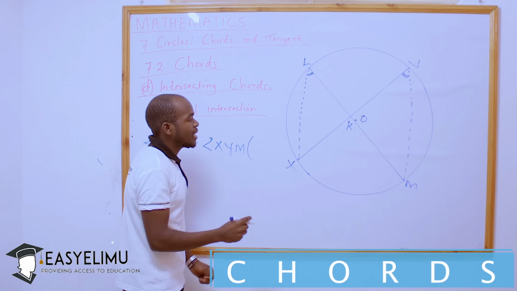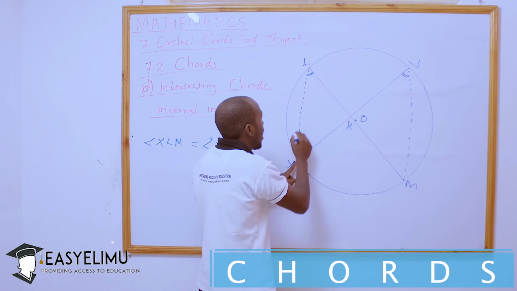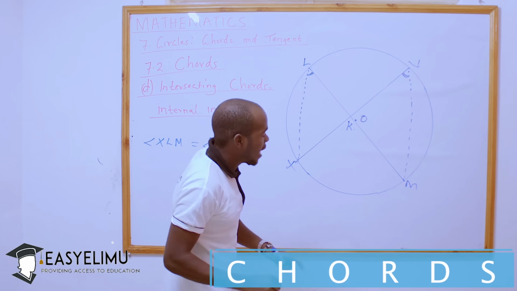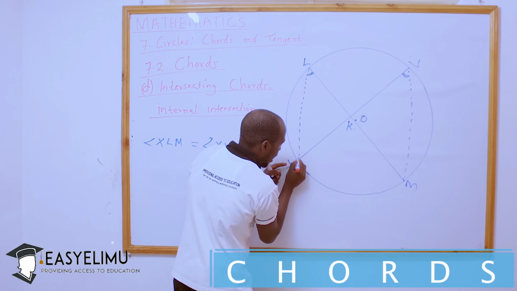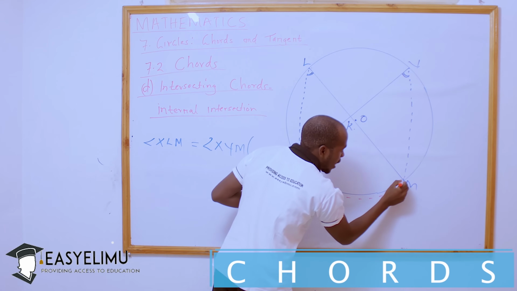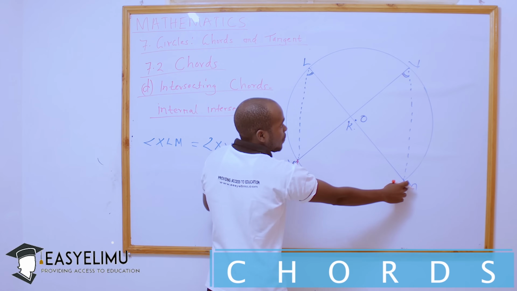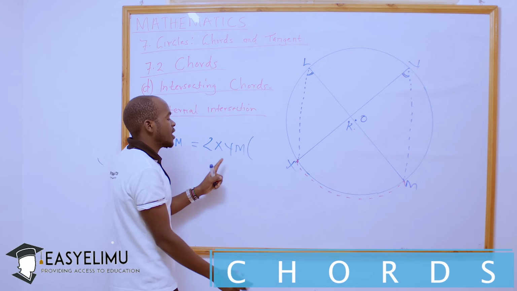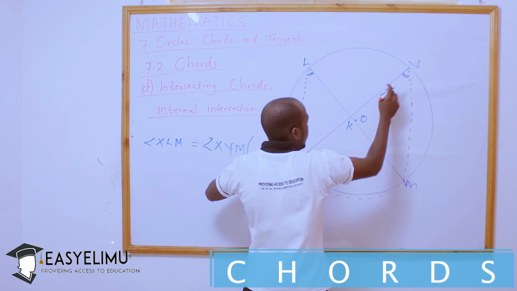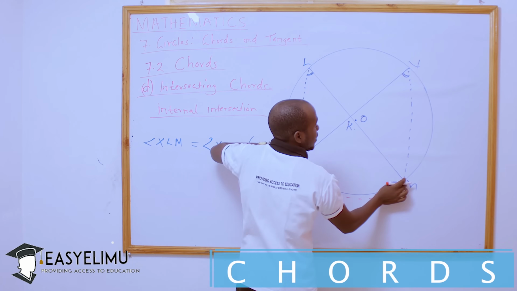The reason is that if you view this angle here, it is subtended by the arc length XM, this arc length. So we have that angle subtended by arc length XM, and if we say it is equal to angle XYM, you will find that the same angle XYM has the same subtense of that arc length.